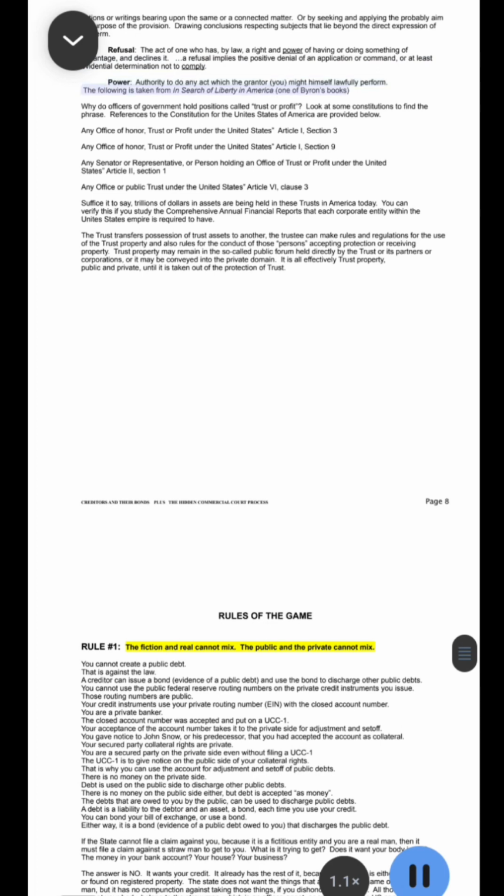The following is taken from In Search of Liberty in America, one of Byron's books. Why do officers of government hold positions called trust or profit? Look at some constitutions to find the phrase. References to the Constitution for the United States of America are provided below. Any office of honor, trust or profit under the United States, Article 1, Section 3.